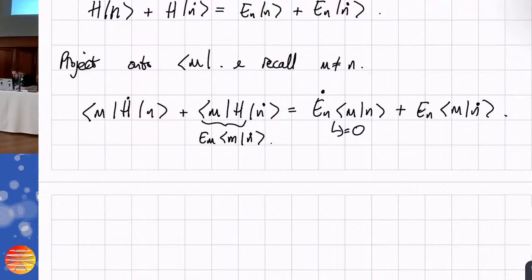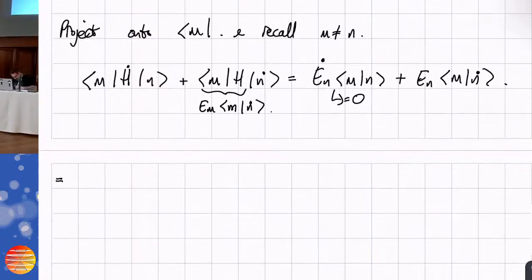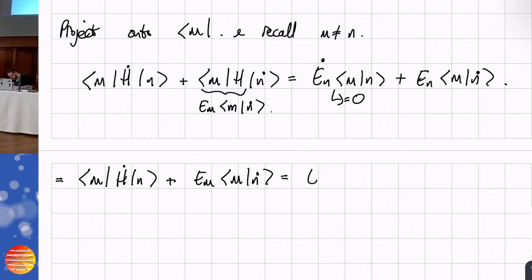So if I simplify this down a little bit, I have <m|Ḣ|n> + E_m<m|ṅ> = E_n<m|ṅ>.